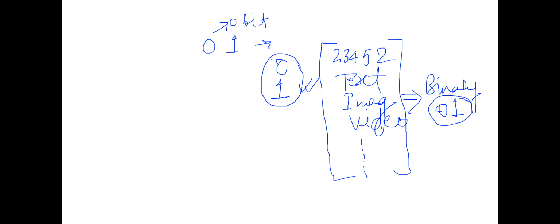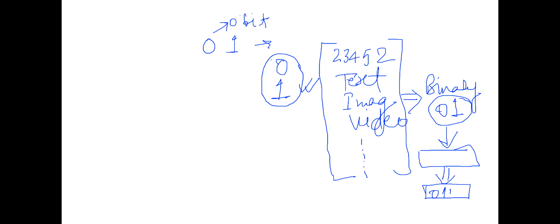Then after that, it is able to understand what this data is. And it performs its processing, whatever we ask our program or computer to perform, and returns the value to us only in the form of 0 and 1.